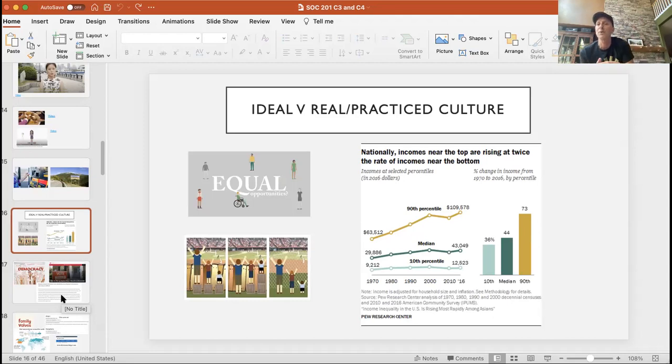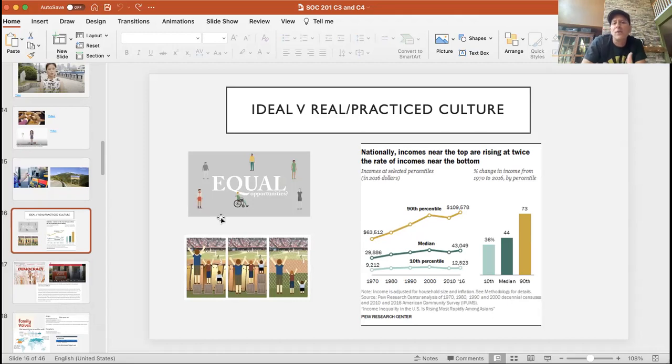How does that shape our ability to see that particular issue of income inequality? How does it shape our own individual thoughts and ideas about income inequality, as well as social policies to address them? So that's the idea of why study and look at ideal versus practice culture.